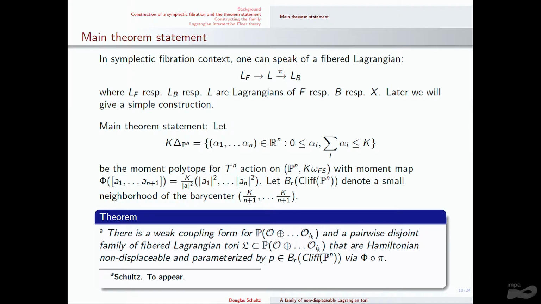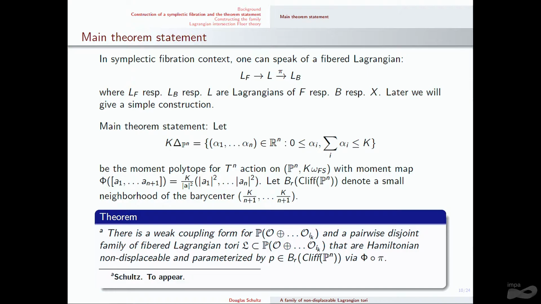Okay, and then there's a theorem / example. There's a weak coupling form on the total space of this projectivized vector bundle, and a pairwise disjoint family of fibered Lagrangian tori that are Hamiltonian non-displaceable, and lifts of each moment torus in this neighborhood.